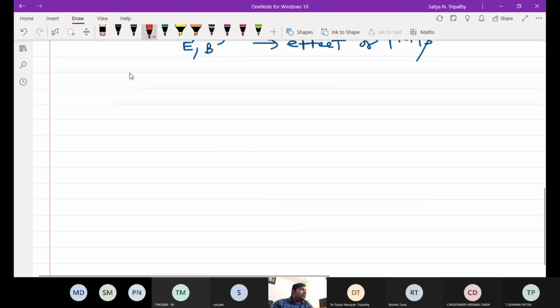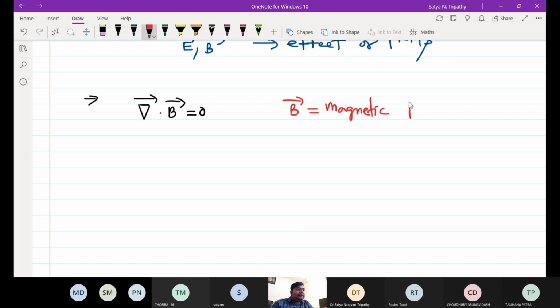Let's discuss Maxwell's equation 2. Let me delete it here. So this is important: del dot B is equal to 0. Here B is basically the magnetic field vector. What is its unit?